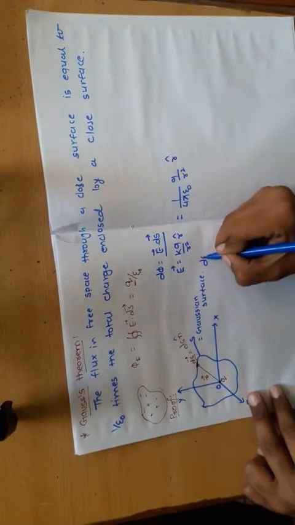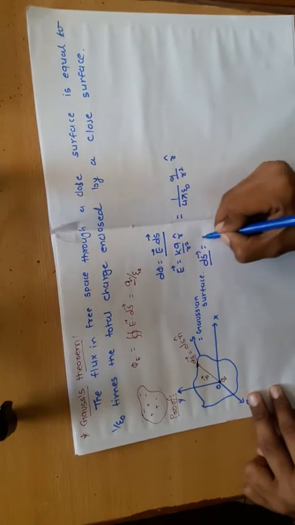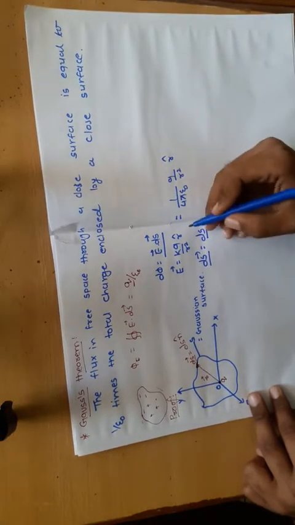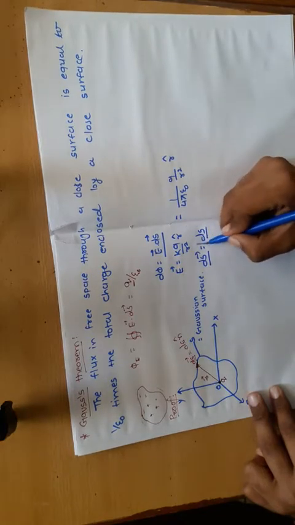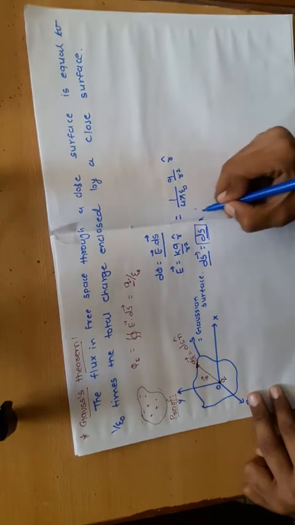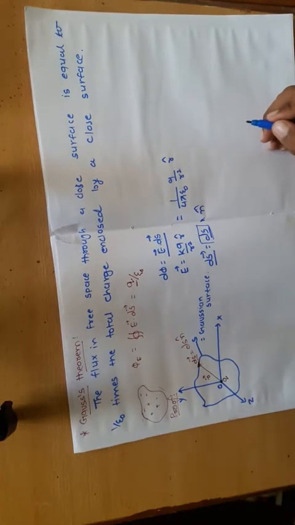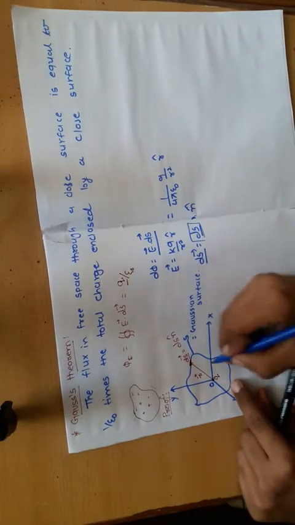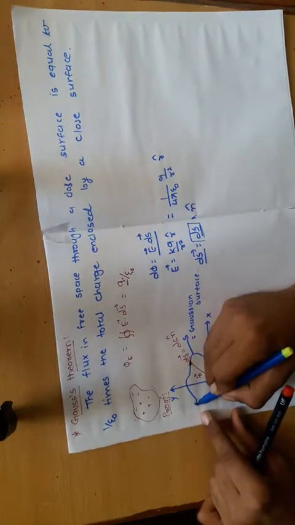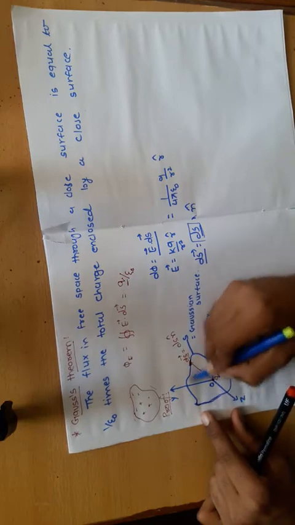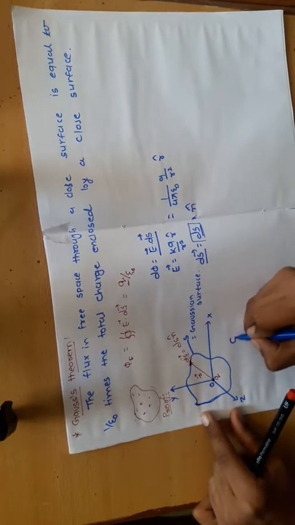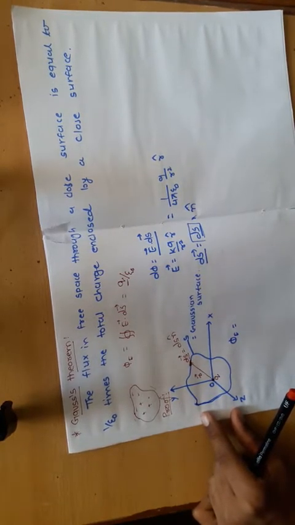And ds is the vector with magnitude ds and direction n cap, the direction of this area vector.